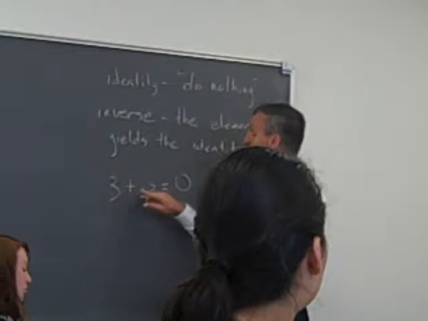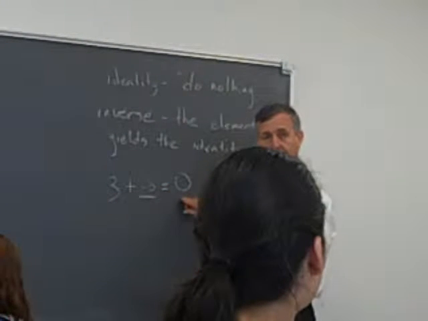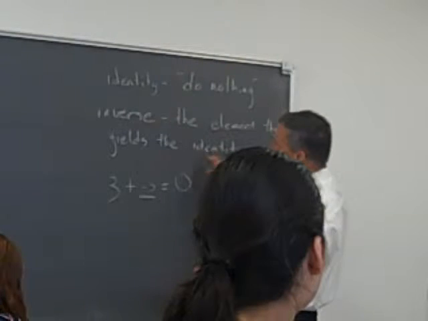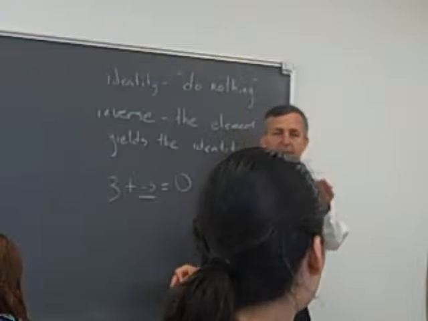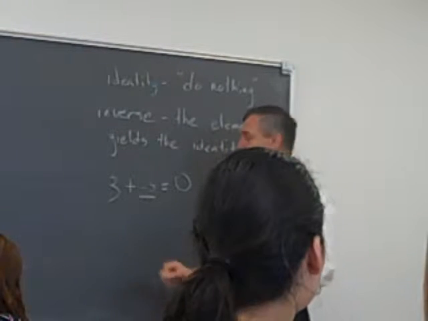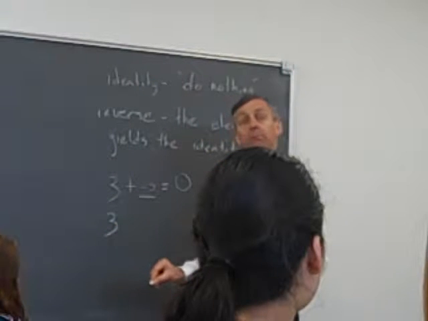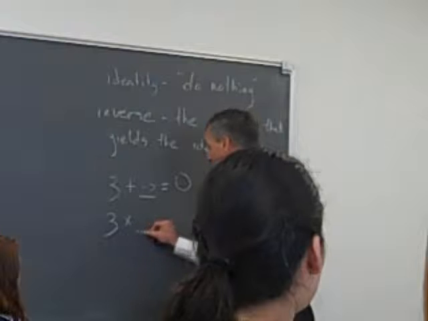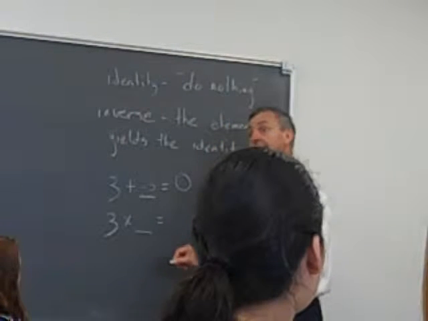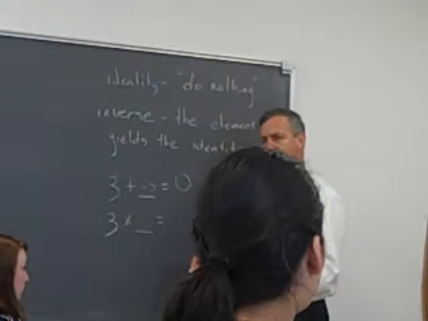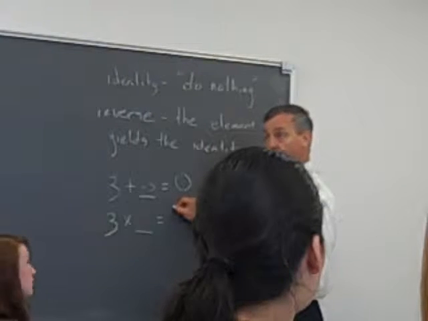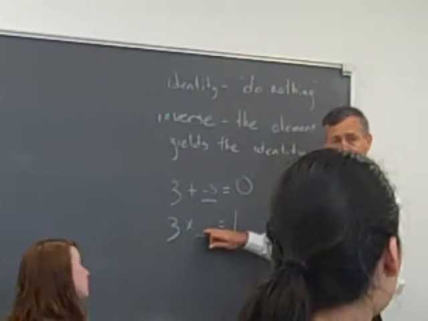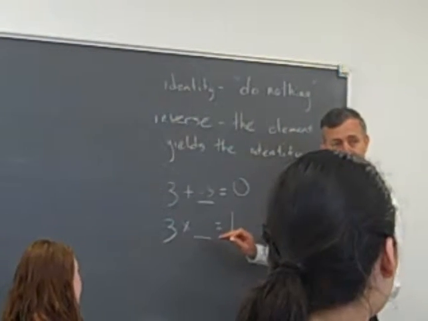Why is it? Because it produces the identity, and that's the definition. The reason I said yes and no is because if I take 3 and I want the multiplicative inverse, that is going to be the thing that I multiply by to give me the multiplicative identity, which is 1. And this isn't negative 3 now. It's what?